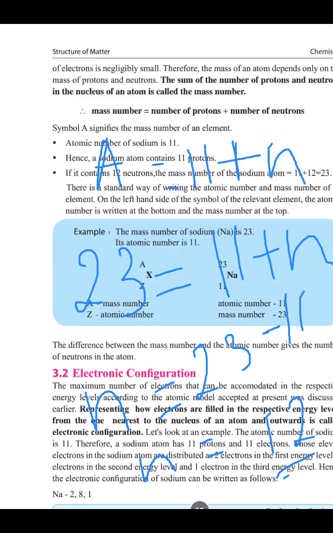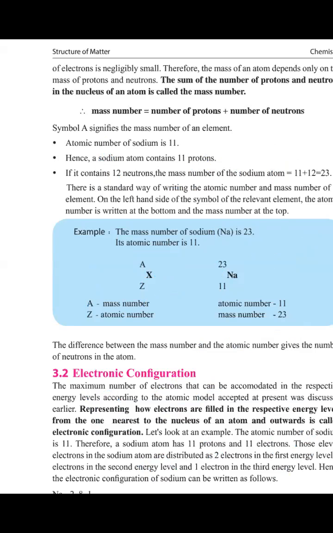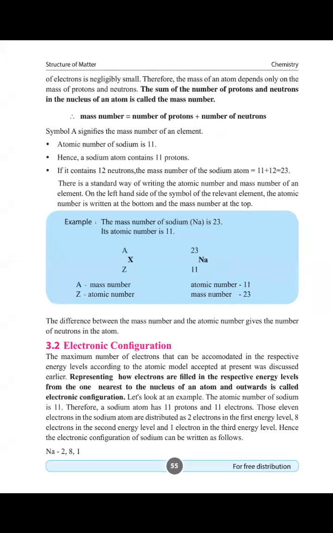If you know the mass number and the atomic number, you can calculate the neutrons. Because the atomic number is equal to the number of protons, and if the atom is neutral, that is equal to the number of electrons. So if any atom is given, you should be able to calculate. Then electronic configuration.